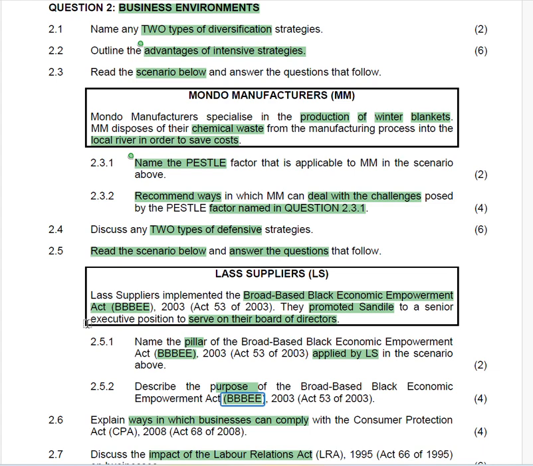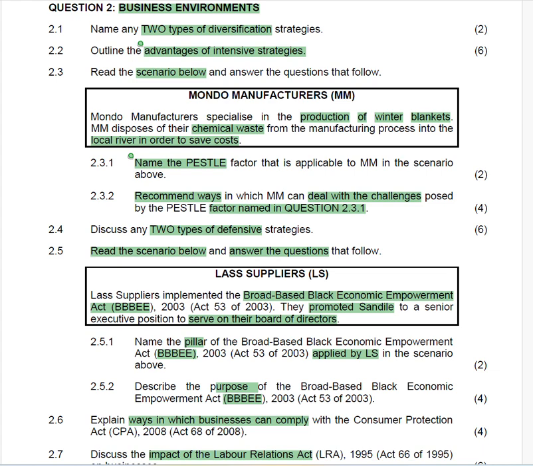They promoted Sandile to a senior executive position to serve on their board of directors. 2.5.1 says name the pillar of the Broad-Based Black Economic Empowerment, BEE, applied by LS in the scenario above. So you basically need to say which part of BEE they have applied by appointing Sandile.